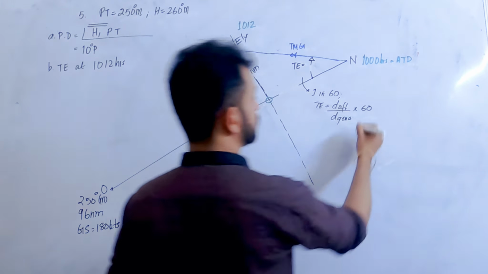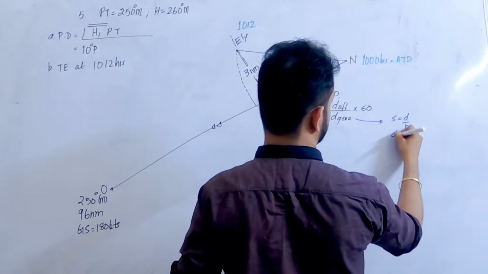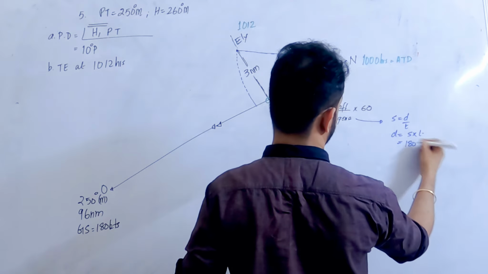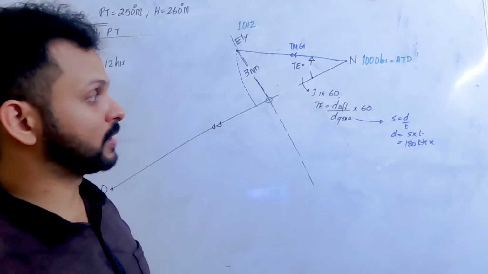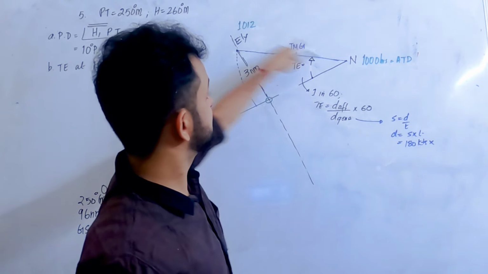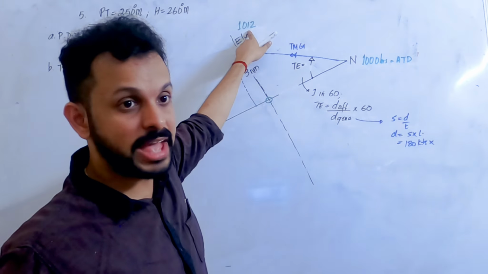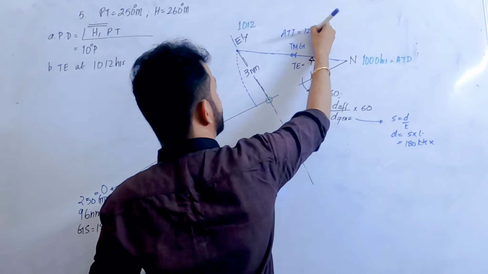So how will you find the distance gone? Speed is equal to distance by time. Our ground speed is 180 nautical miles per hour, divided by 60 to give it per minute, multiplied by 12 minutes. The time interval, the actual time interval, is 12 minutes.